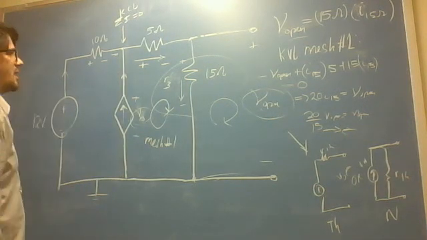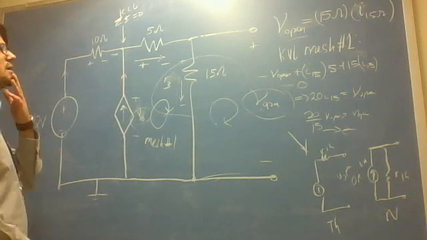So that means either this dependent source cannot work, or better yet, this V open might actually be 0. Let's think.